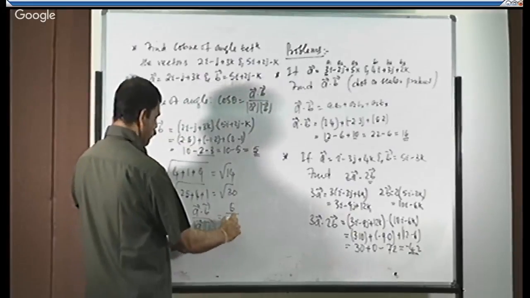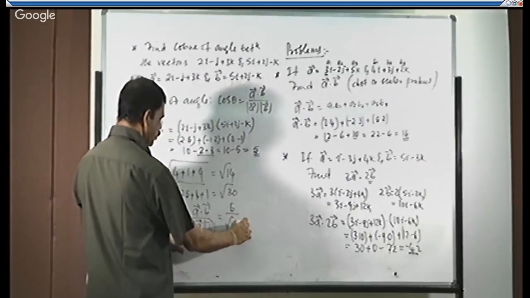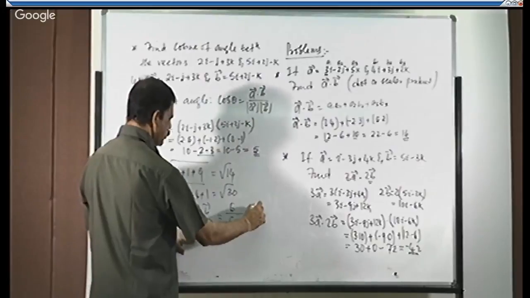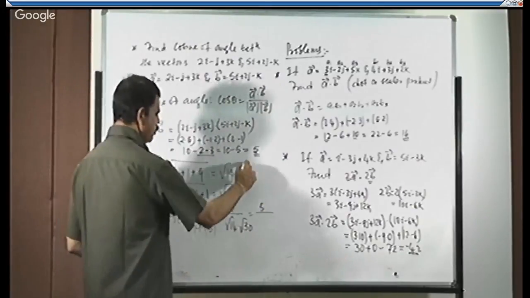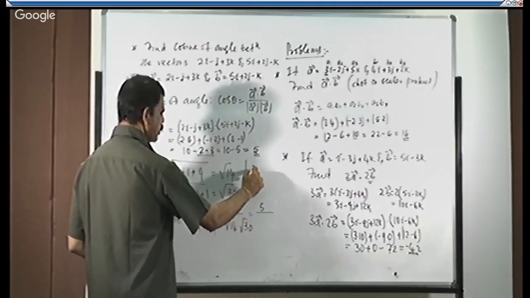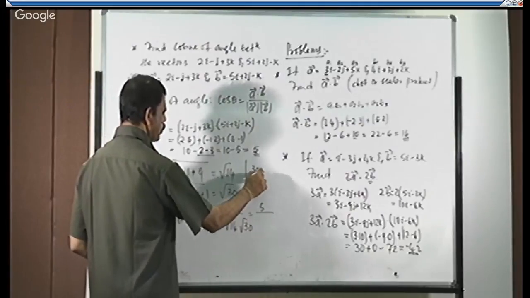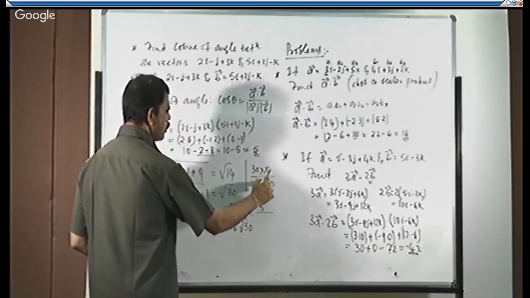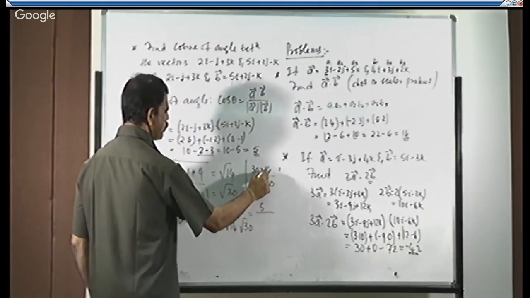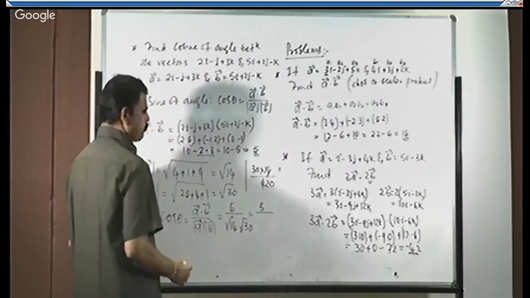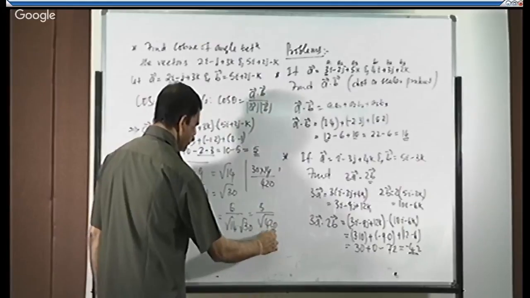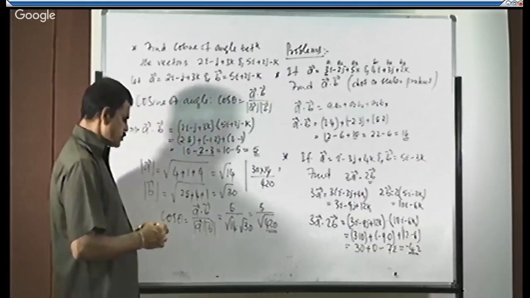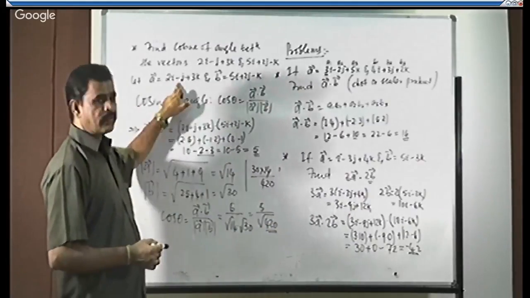It is root of 14 into root 30. Otherwise, you can simplify these two. Root 14 into root 30 can be taken as root of 30 into 14, which is 420. It is root of 420. This is the cosine of the angle between the vectors a and b.